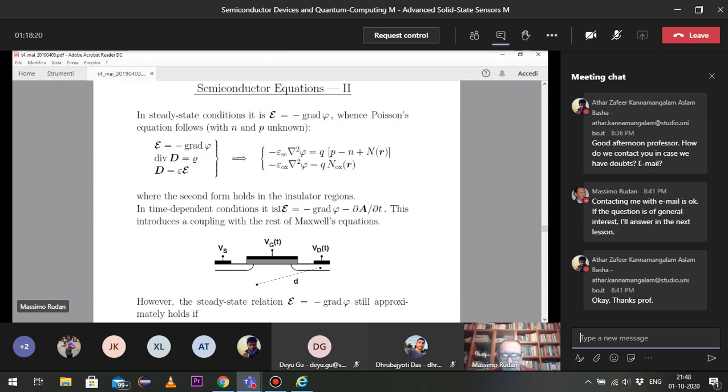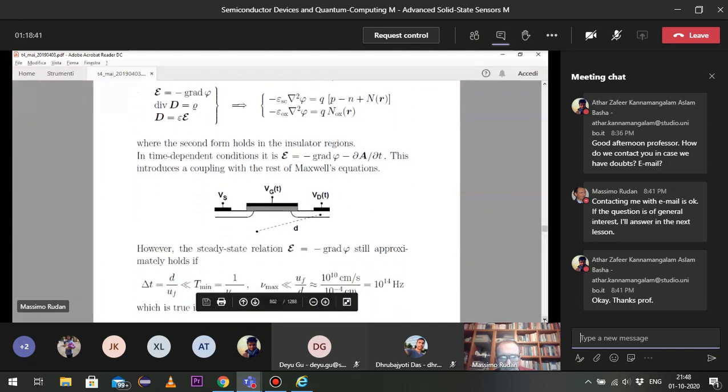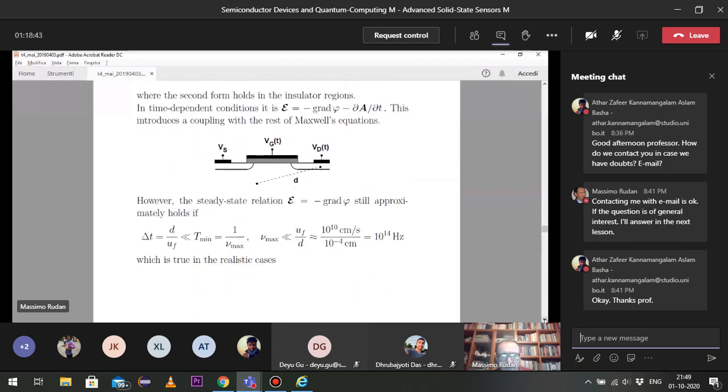Then the question is, why is the magnetic potential changing with time? You remember, it changes with time if some of the boundary conditions of the problem are changing with time. So for this reason, we are considering here a very simple structure, okay? You see, it is the upper part, the channel part of the MOS transistor.